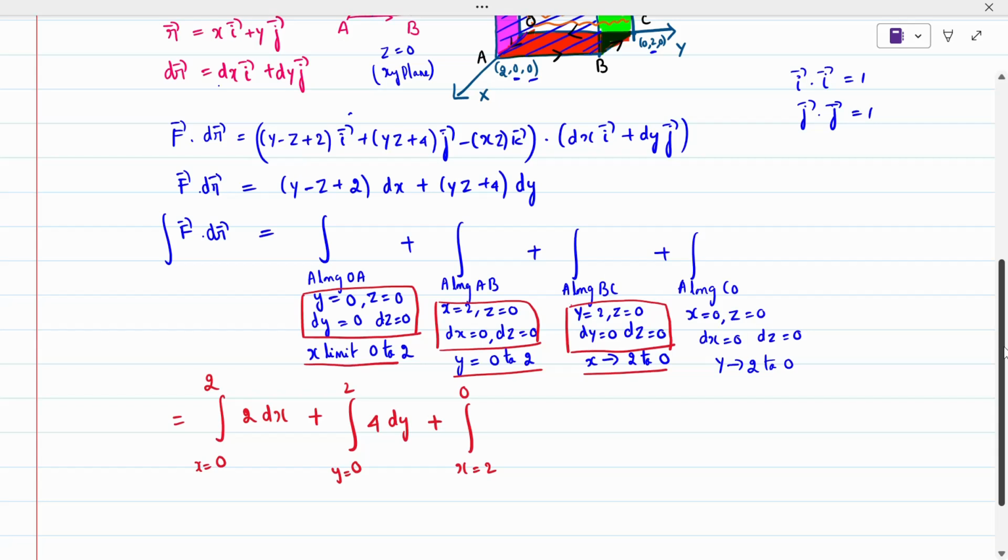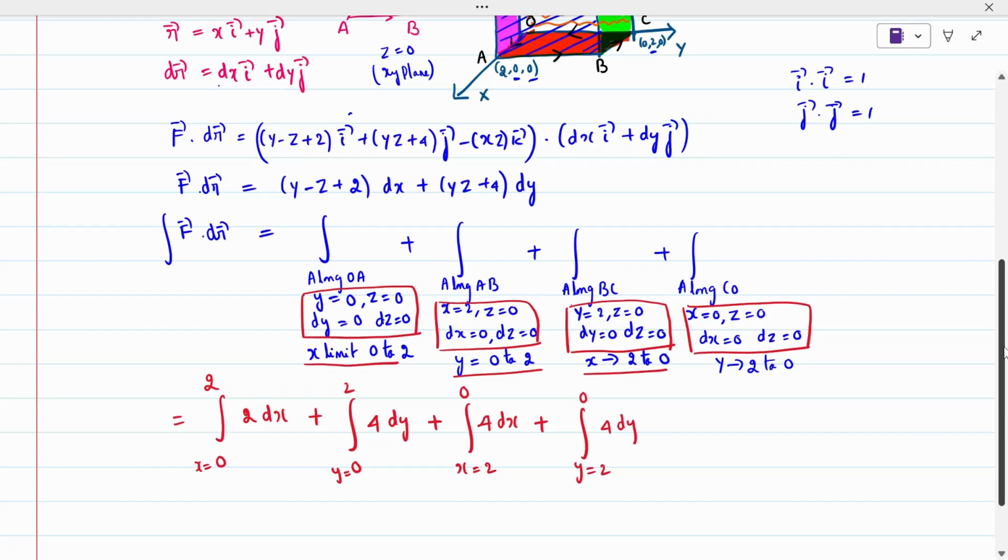So 2 plus again 2, so 4 dx. Plus the fourth integral, y limit 2 to 0. So I have to substitute into F into dr: x is 0, dx is 0, this is fully 0, dz is 0, this is fully 0, so 4 dy.